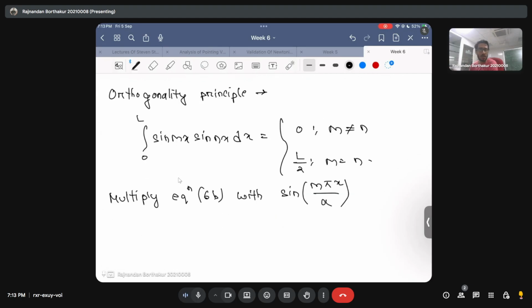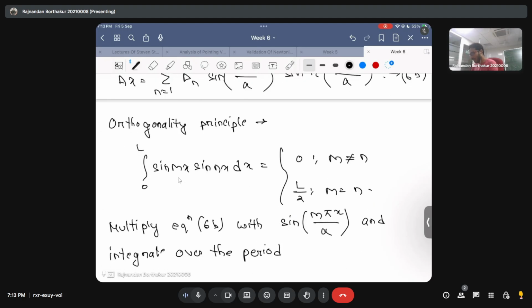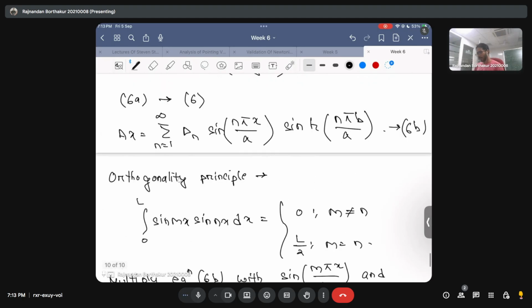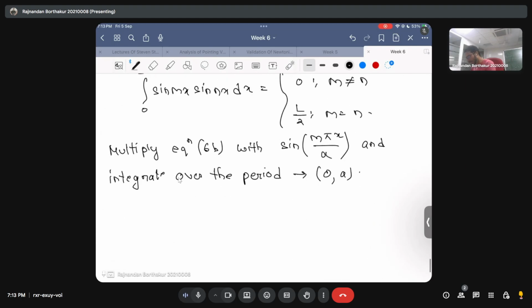Just multiplication will not do, we need to integrate it over its period, which in our case will be from 0 to a. So we will integrate it from 0 to a, a x times sine m pi x by a.